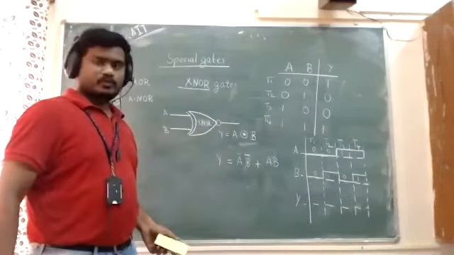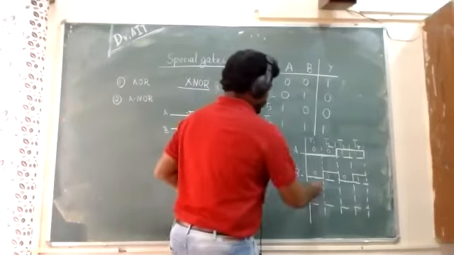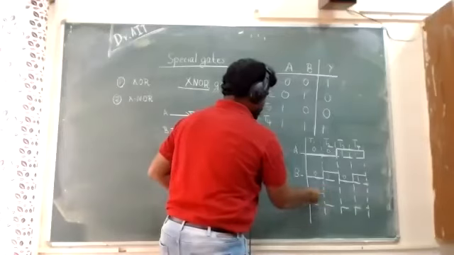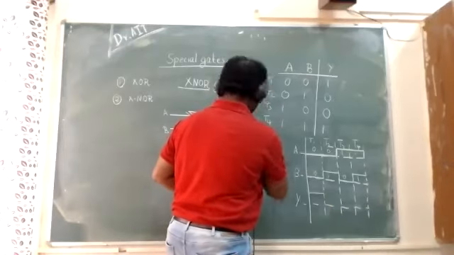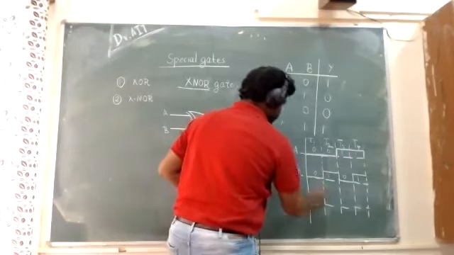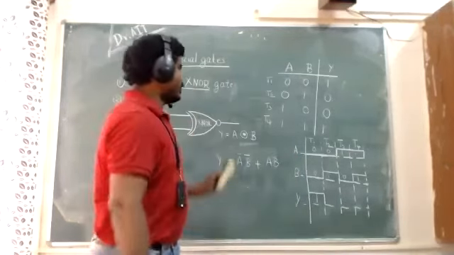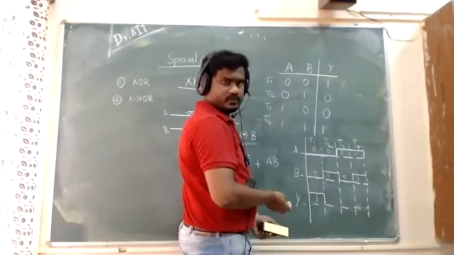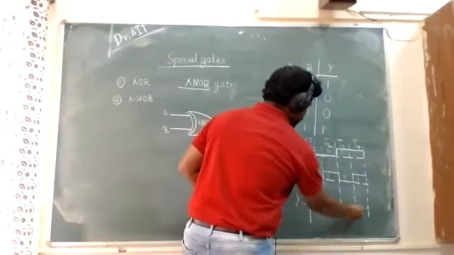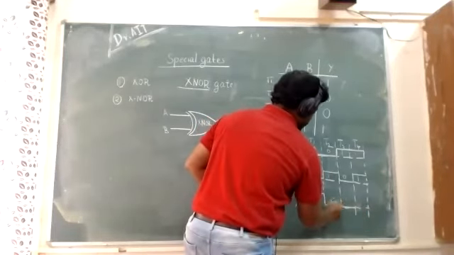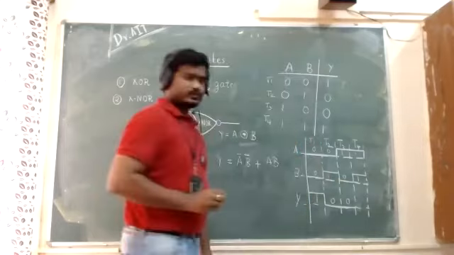And what is the output? When both inputs are logic 0, the output of the XNOR gate is logic high. For the next two cycles, when any one of the inputs is logic high, the output is 0.